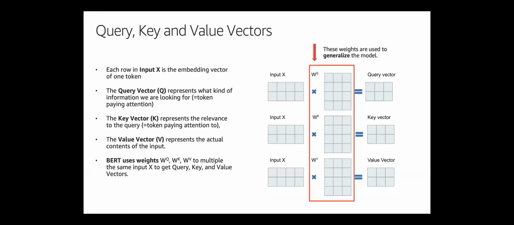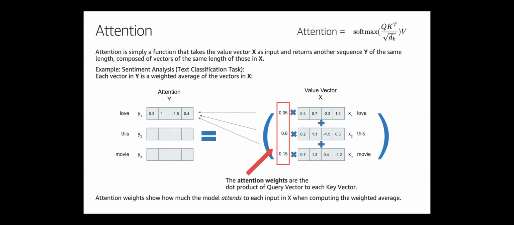So we end up from one input X, which is an embedding, with a query vector, a key vector, and a value vector. And then the attention is calculated with so-called attention weights, which are the dot product of the query vector and the key vector. And if you're not familiar with NLP, that might be a little bit too much detail right now, so don't worry.